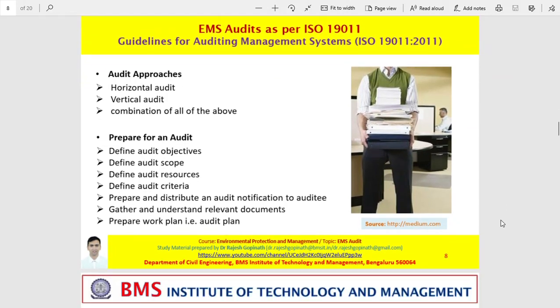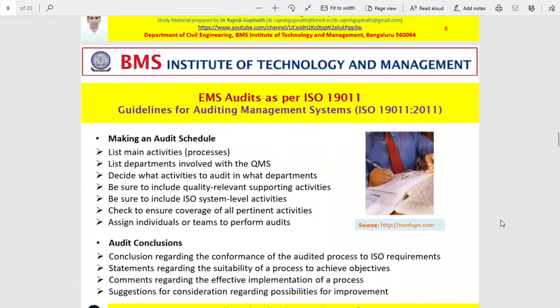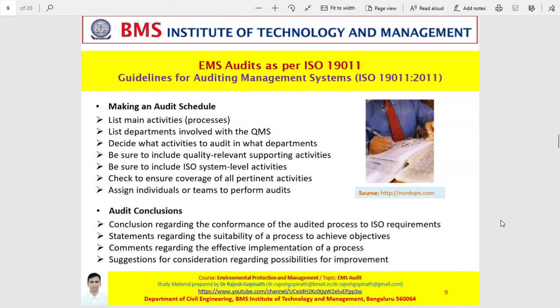Slide 9. So, how do we schedule an audit? Let's have a look at the bullet points. First, the main activities, processes, and procedures have to be listed. Next, the different departments who are involved in this need to be listed. Further, the activities that have to be audited have to be listed.